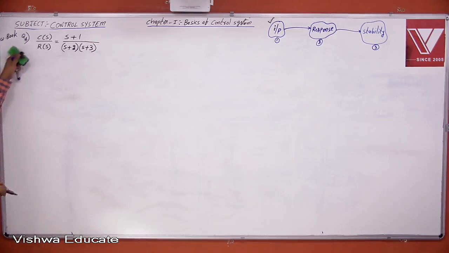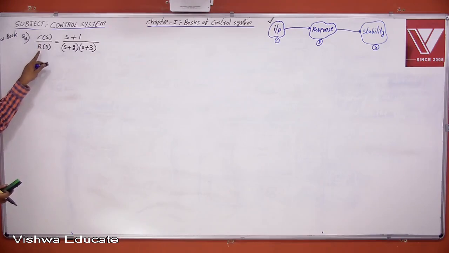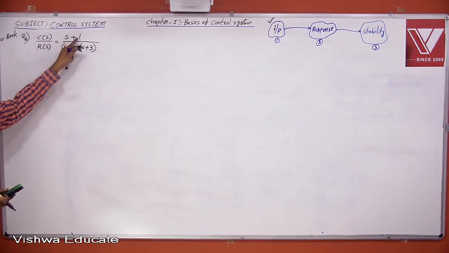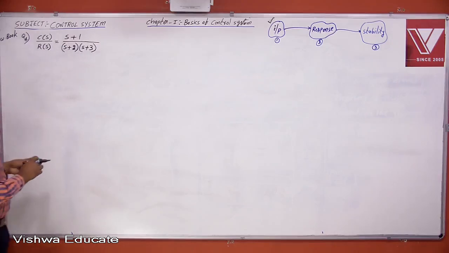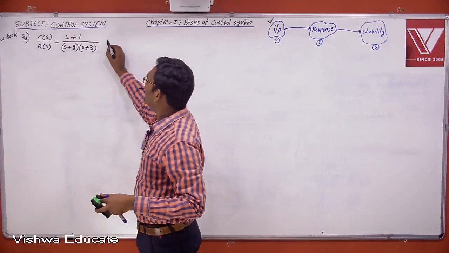Now question number 4 is: by considering the closed loop control system transfer function C(s)/R(s) = (s+1)/((s+2)(s+3)). What he is asking, I just give an overview.